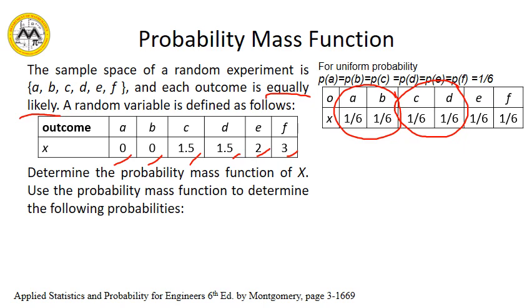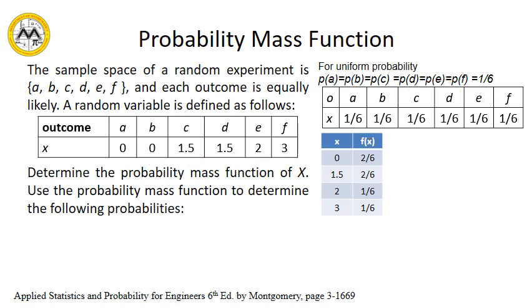So we can have the probability mass function x equal to 0, 1.5, 2, and 3, and the total probabilities for f of x: 2 over 6, 2 over 6, 1 over 6, and 1 over 6.